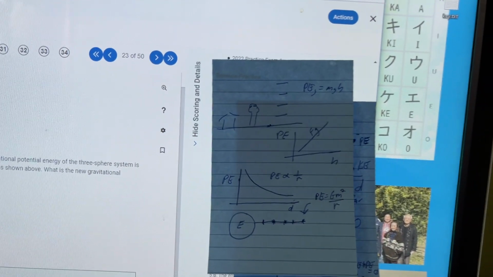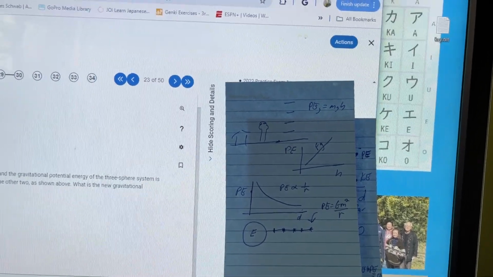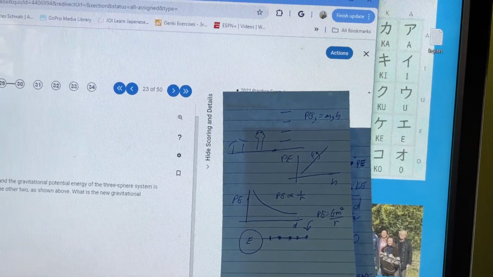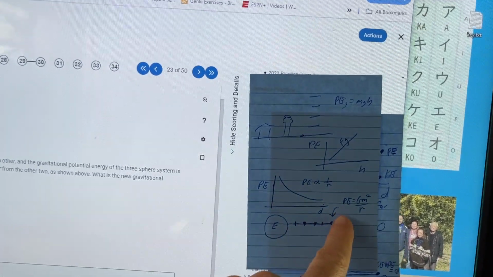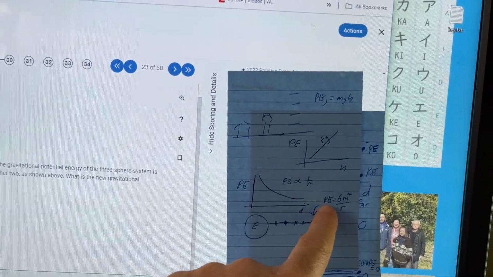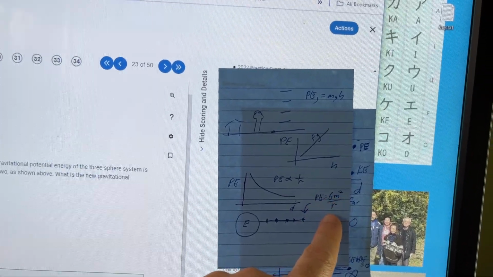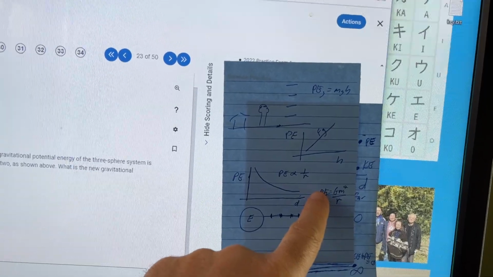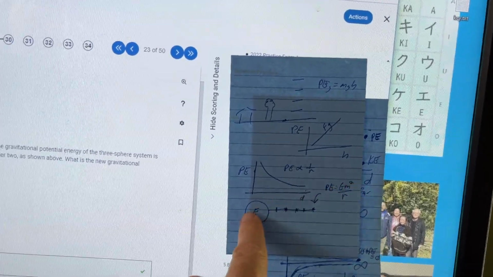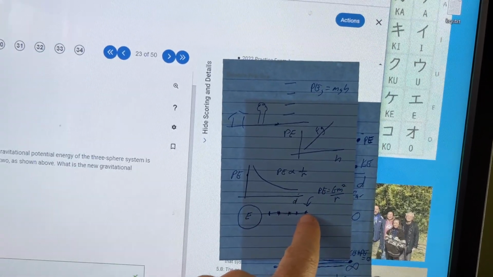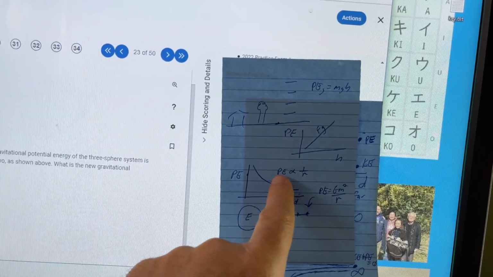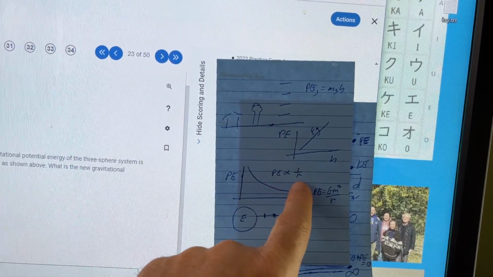If you're talking about out from space, right, you're like, okay, well, we've got this formula, PE equals GM² over r. G's a constant, and if the mass of the planet and the mass of the object are constant, then PE is proportional to 1 over r.